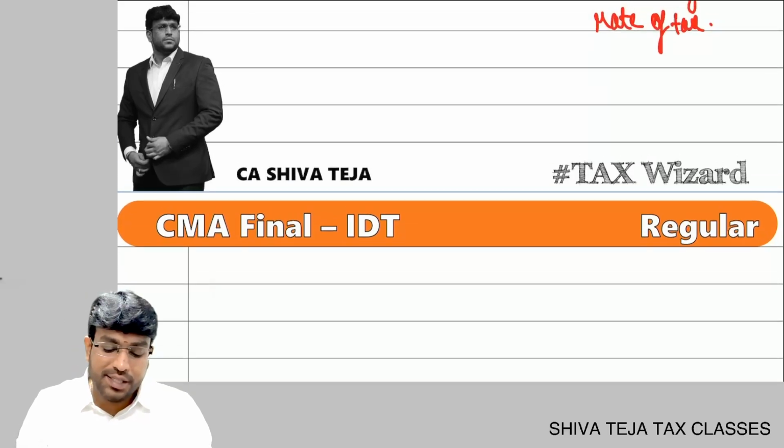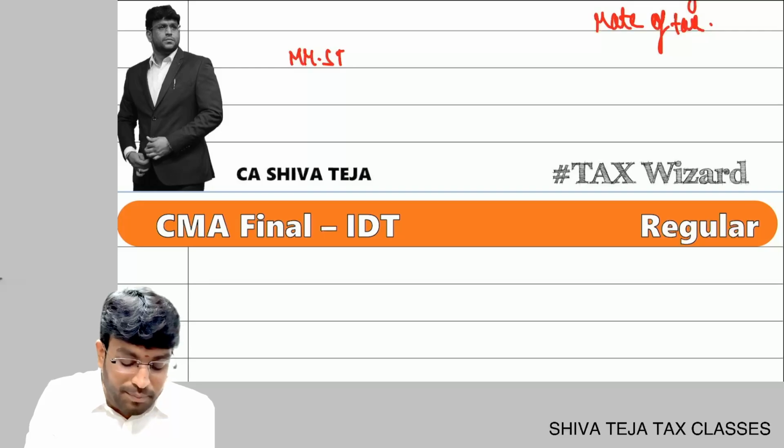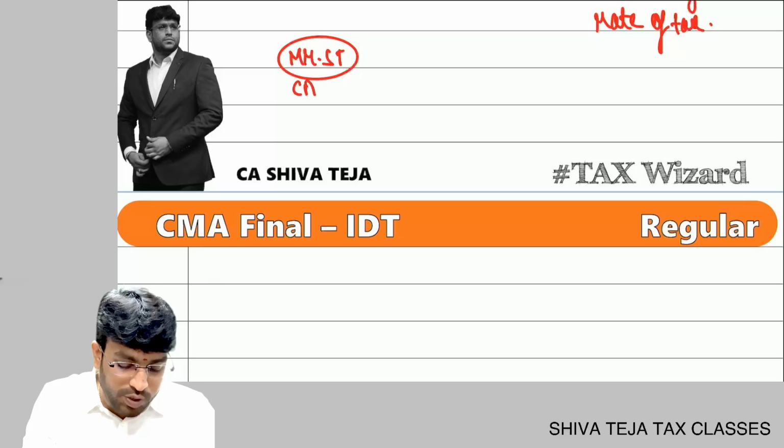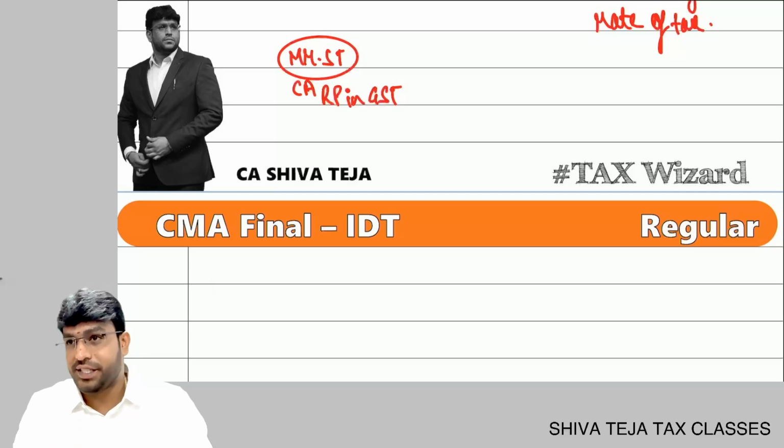So let's say, for example, there is one person, Mr. Shiva Teja, who is a chartered accountant, of course a cost accountant as well. He is a registered person in GST.